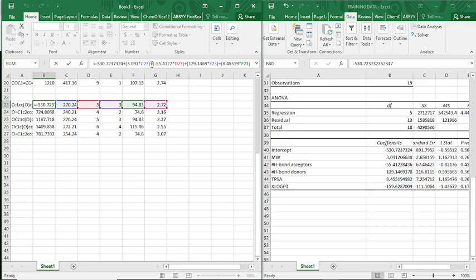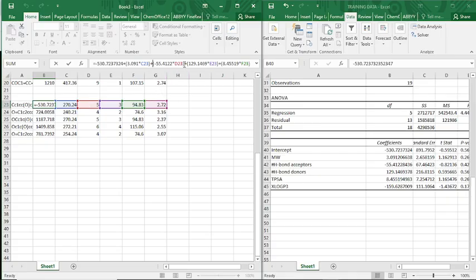So B1S1 is B1 times S1, the coefficient of S1 times the S1. And my S1 here is molar weight. So the coefficient of molar weight times the value of molar weight. Then you put plus, open bracket, the coefficient of hydrogen bond acceptor, minus 555 point something, times the value of the hydrogen bond acceptor, which is 5.